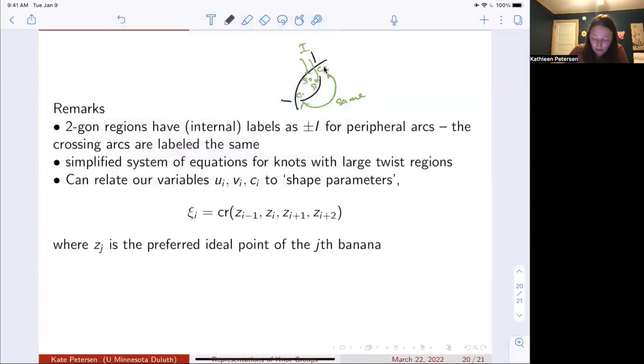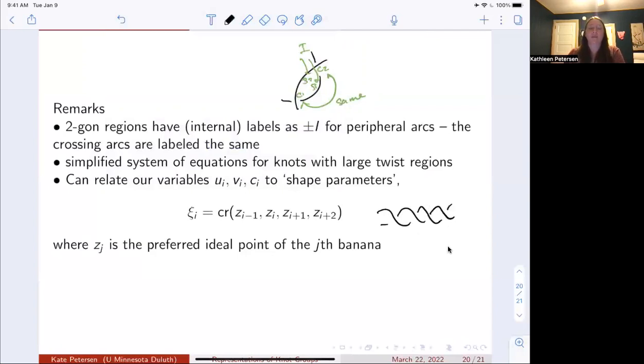Apparently I can only draw in a particular manner, so forgive me, I'm going to draw it like this. There's a nice twist region. And we know that all of these are then the same, and these are all identities. And so you can rewrite this portion of the equations nicely. So it does simplify the situation for large twist regions.